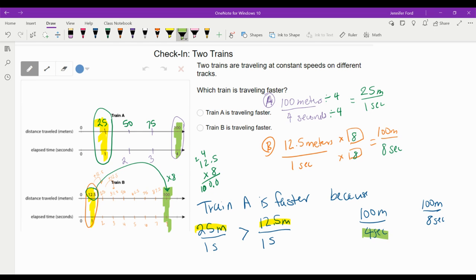We can see 4 seconds to 8 seconds. This is train A, this is train B. Train B took longer. Sorry that my handwriting is so bad.